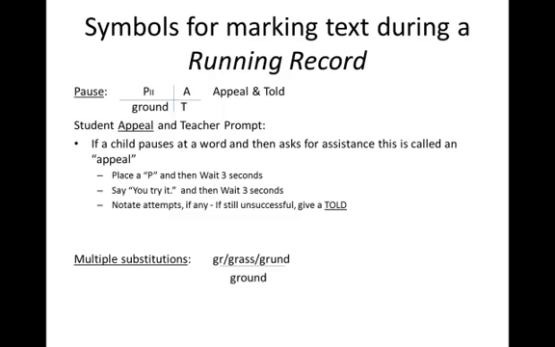Which brings me to another point. When students are substituting words, do your very best to record phonetically what the student is saying. Because here, this gives me an idea, just looking at this, that the student is first attempting to sound out. So they're using those graphophonic, graphophonemic cues, the letter sound combination cues.